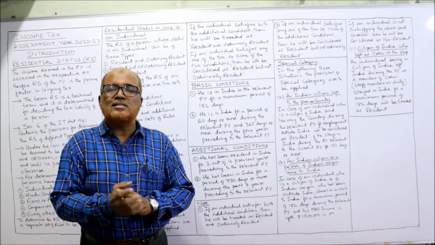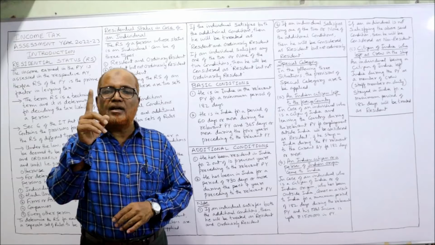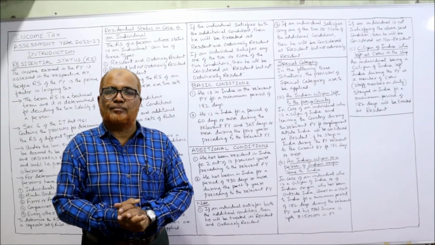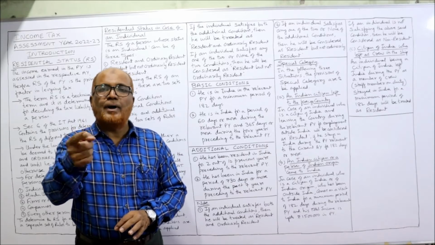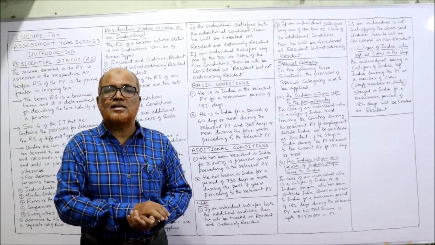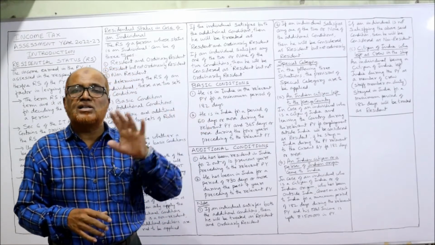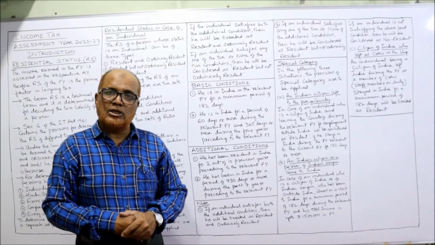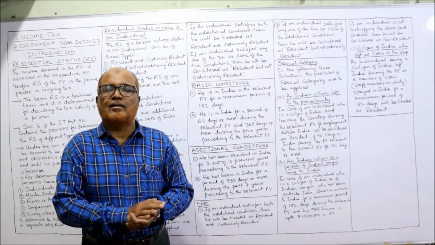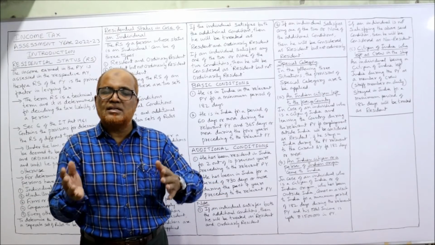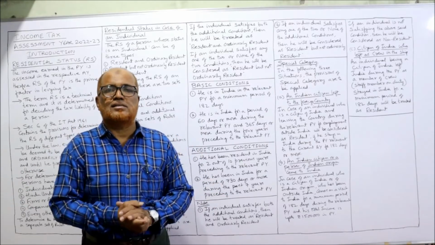If he satisfies any one of the additional conditions or none of them, then we treat that person as a resident but not ordinarily resident, because he cannot satisfy both the additional conditions. Both the additional conditions must be satisfied, then only he will become a resident and ordinarily resident.